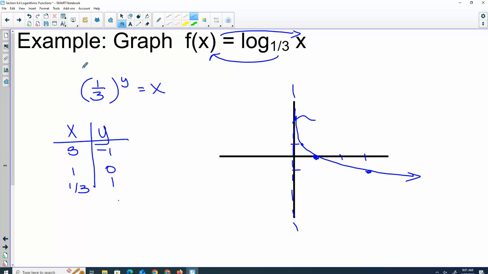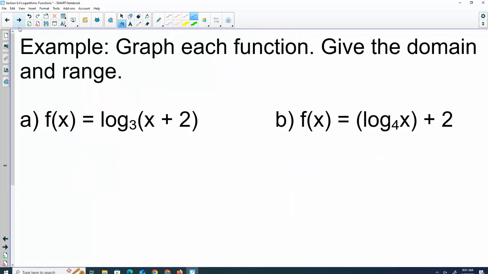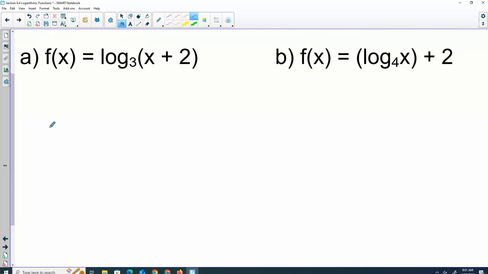Let's do a couple of transformations. So we are going to graph each of these. Just like when we were graphing exponentials, what I typically had you do is the parent function first. So my parent function here would be what? Log base 3 of x, just your typical log.